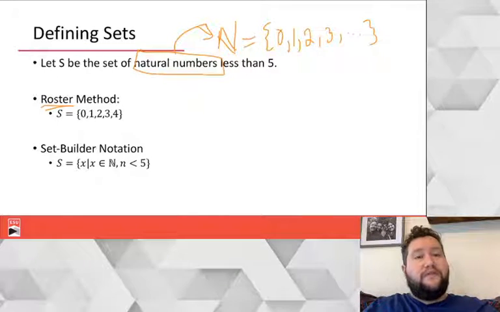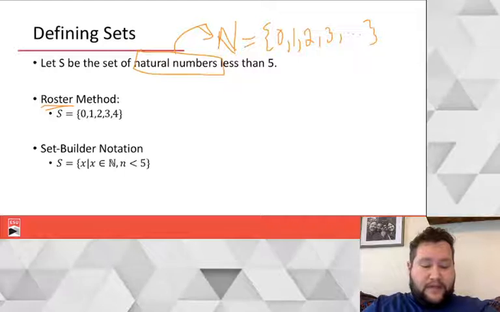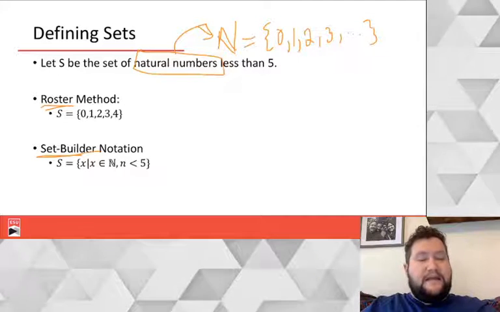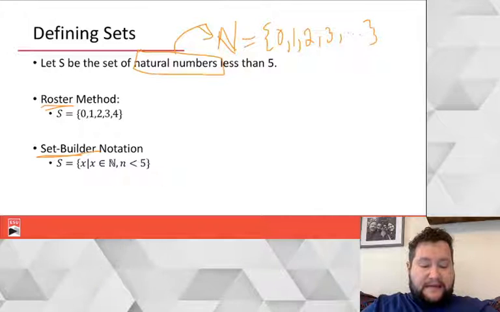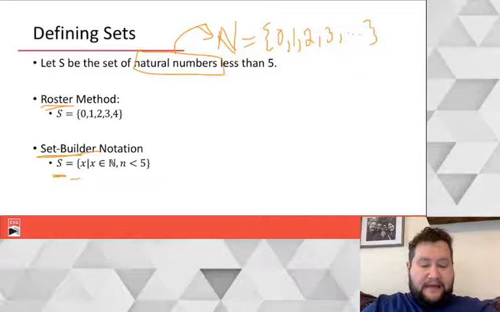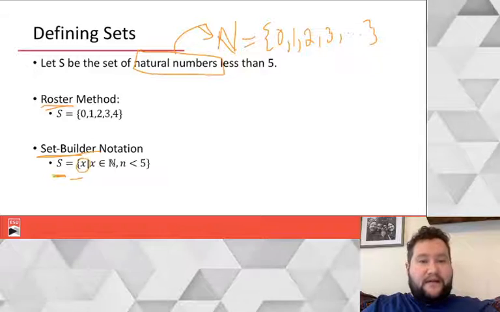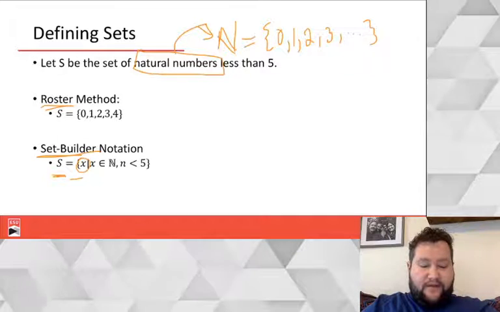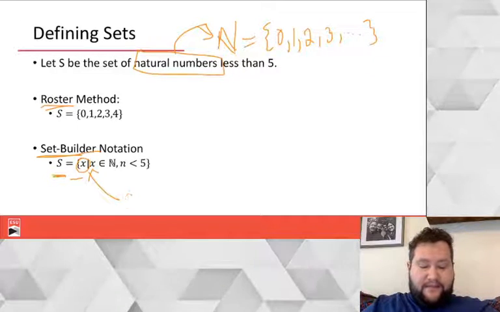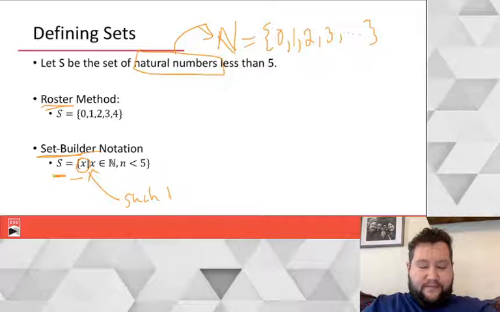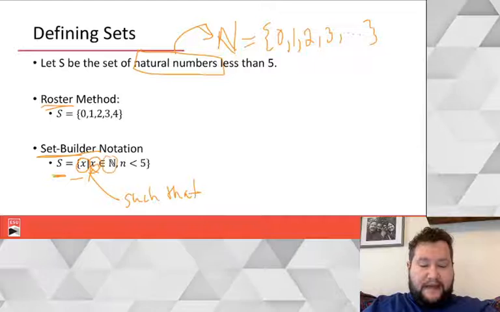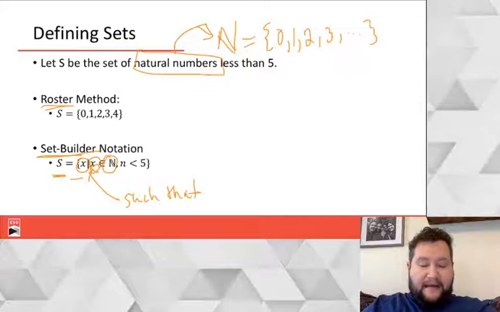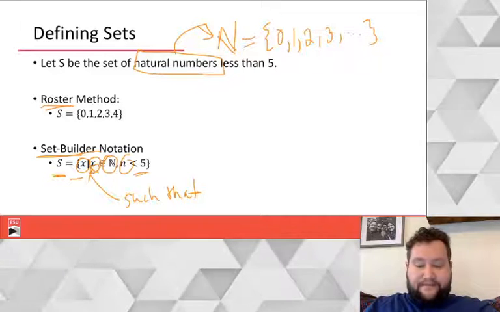But we can also use what's called set builder notation. Set builder notation is where we would say the set S is {x | x is a natural number, it's in N, and it's less than 5}. I'm going to break this down on the next slide. The vertical line means such that.